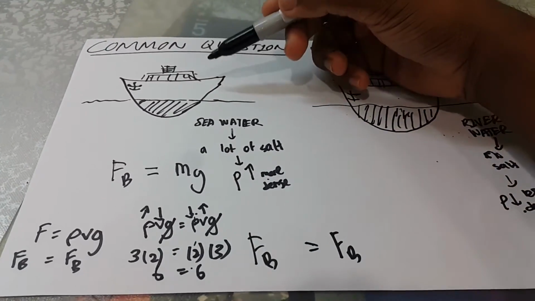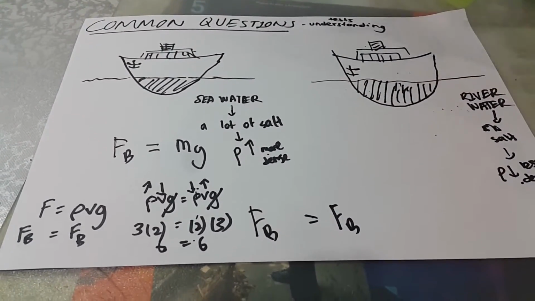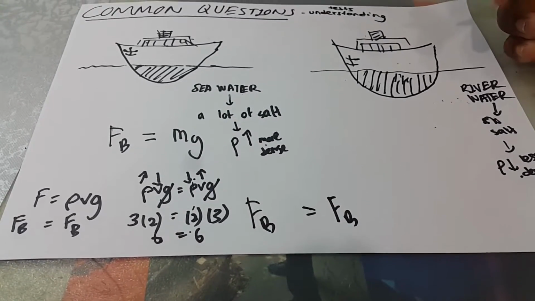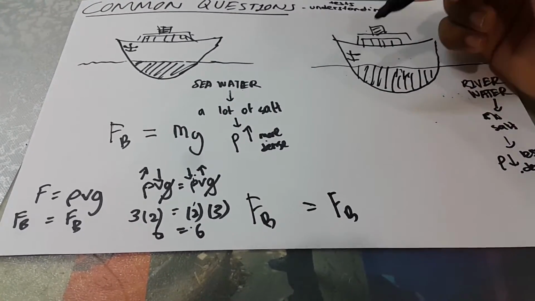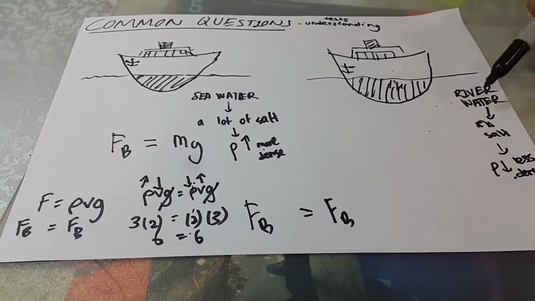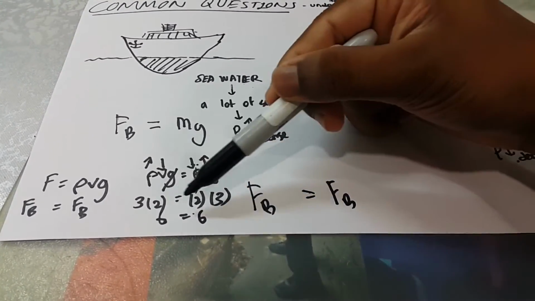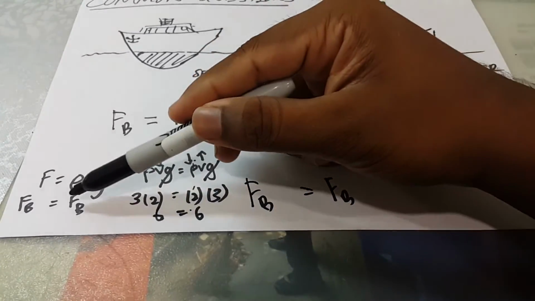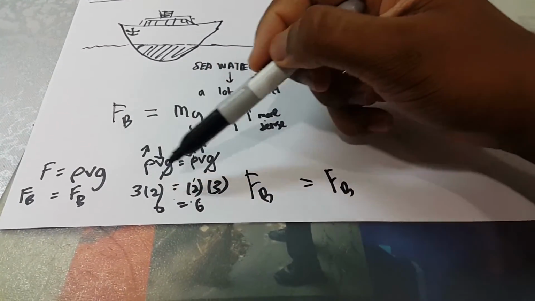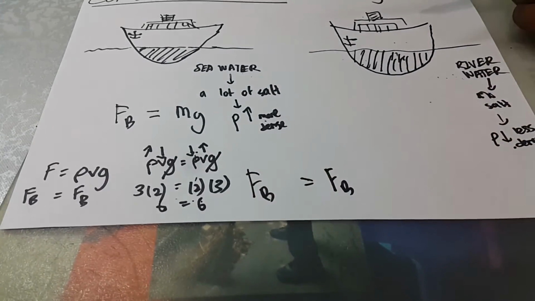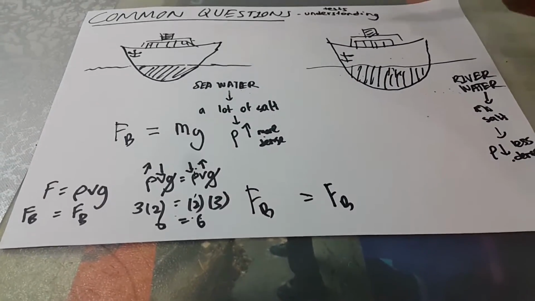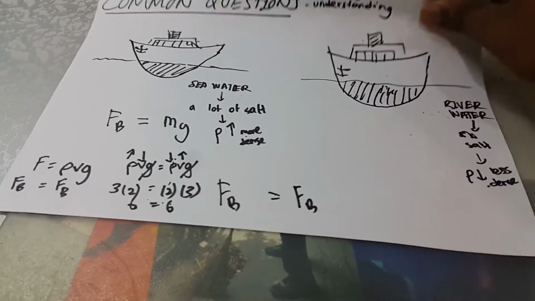The buoyant force acting on them is the same because they are floating. So the buoyant force is the same, but the density is different. So you have to use this understanding, and so you will know. Since the product is all the same, 6 and 6, you have to change accordingly to get the same amount of product.